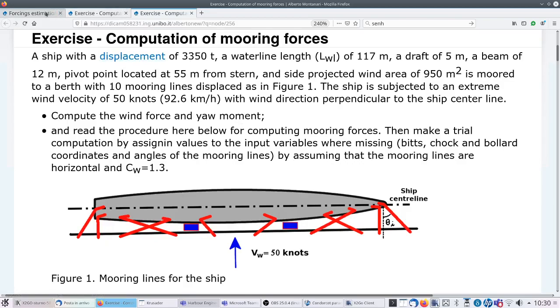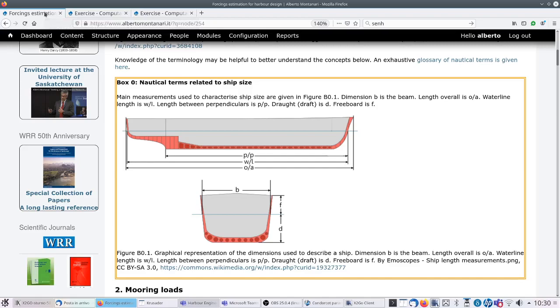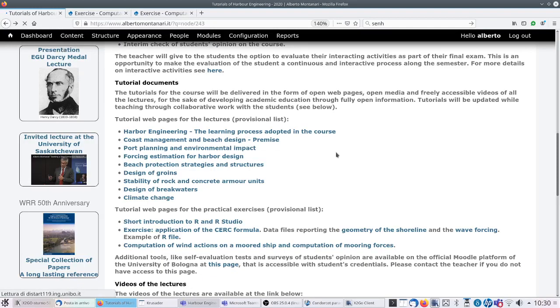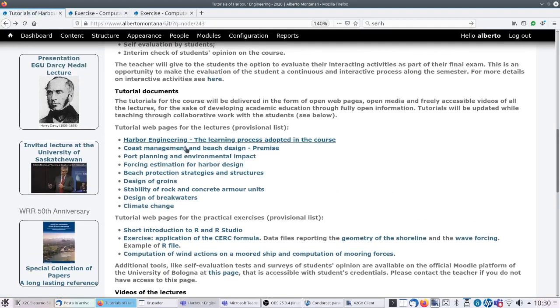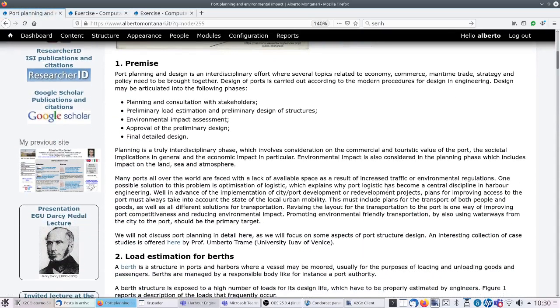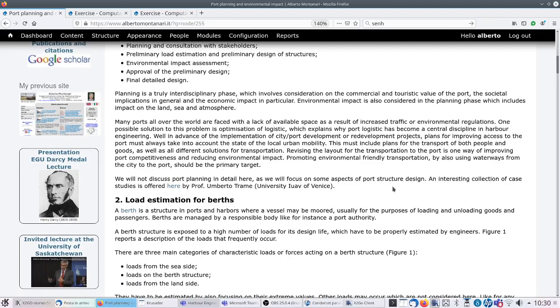So let me pass again to the page of our course. I think terminology was here. Port planning and environmental impact. Let me see.